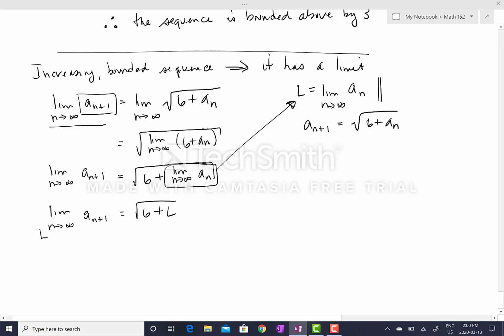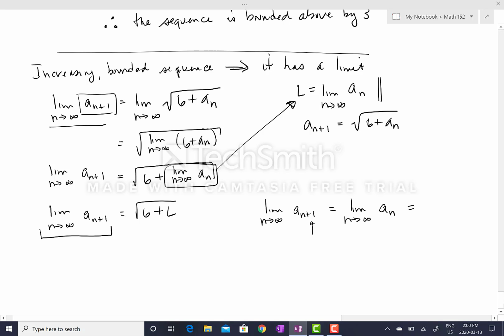Let us look now at this. What is that? My claim here is that the limit as n goes to infinity of a_{n+1} is exactly the same as the limit as n goes to infinity of a_n. There's no difference between these two things because n is getting arbitrarily large, and this little plus 1 makes no difference.